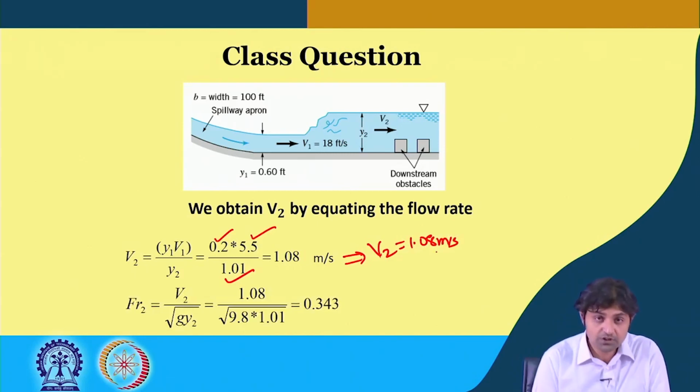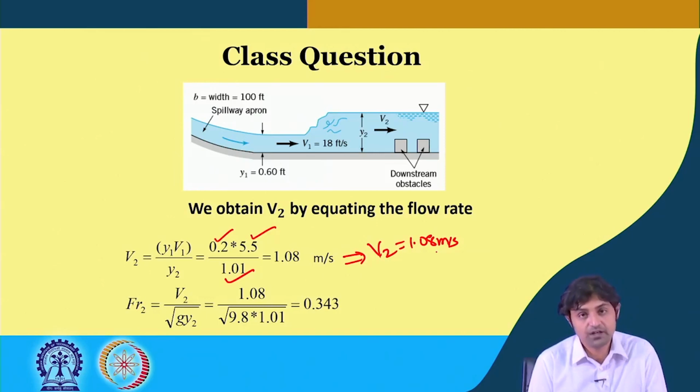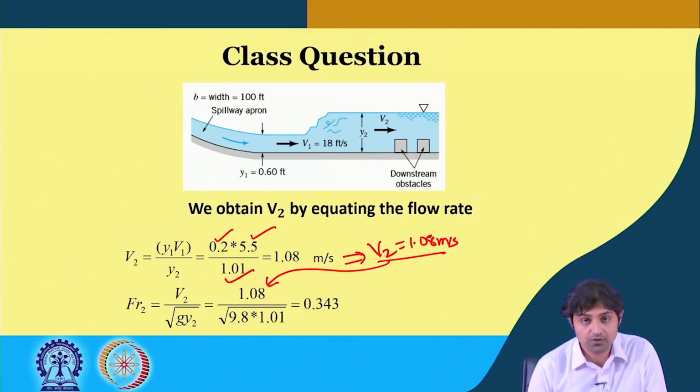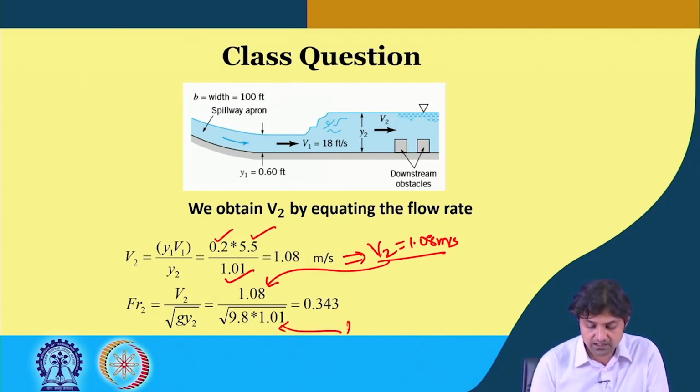Therefore, the Froude number at location 2 will be V2 by square root of g y2. V2 we calculated here, this was the reason we were calculating V2, for calculating the Froude number. So, Froude number 2 comes out to be 0.343.